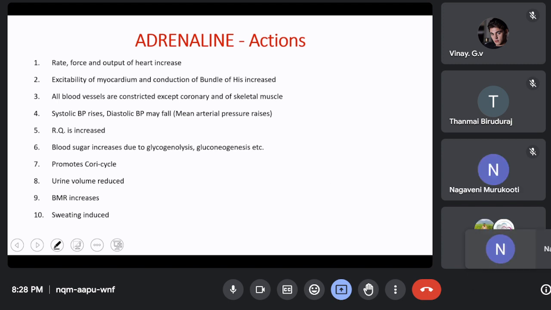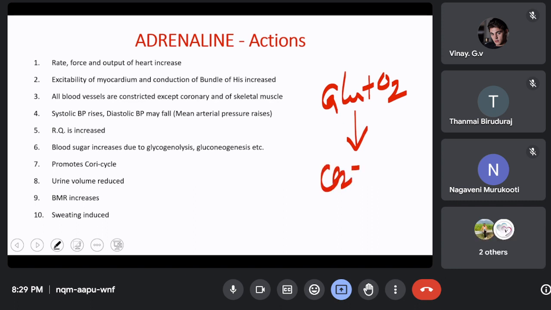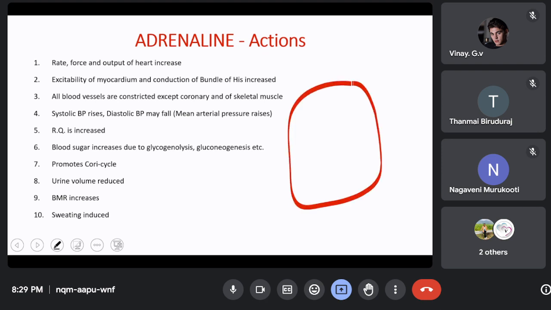So how is energy produced? Energy is produced by the oxidation of glucose. When glucose is oxidized, it produces carbon dioxide, water, and energy. So the main purpose of these hormones is to increase glucose oxidation in the cells. So this is a cell. How does glucose oxidation increase? Only when glucose is present.